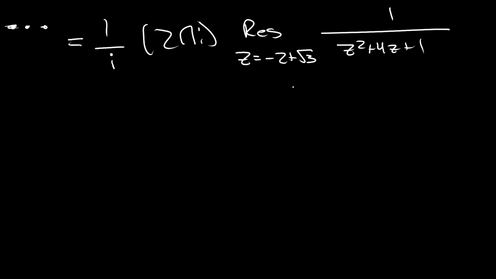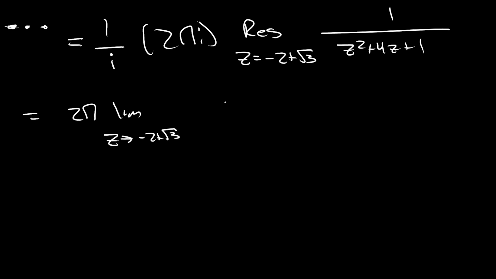Okay, and this is a pole, so we can factor this out and use the limit rule. I'll combine that into just one step. So our i's are going to cancel, and we're just going to get 2 pi times the limit as z tends towards -2 plus root 3.